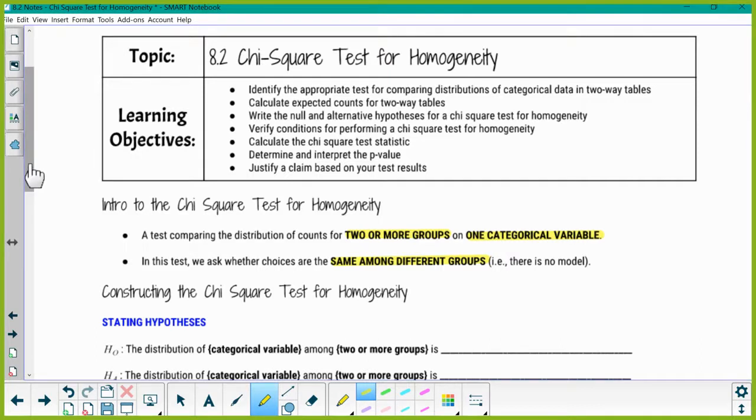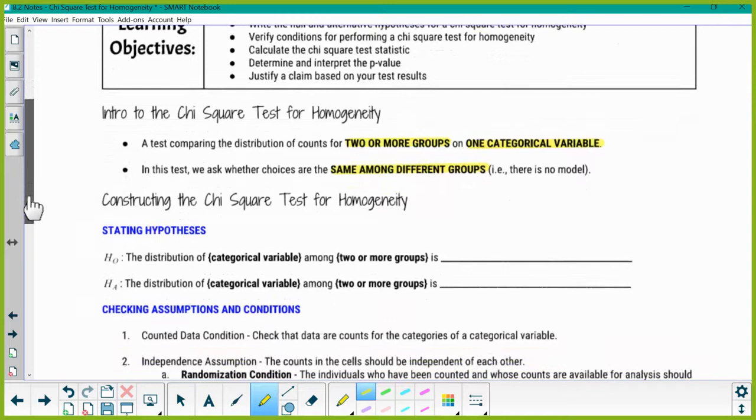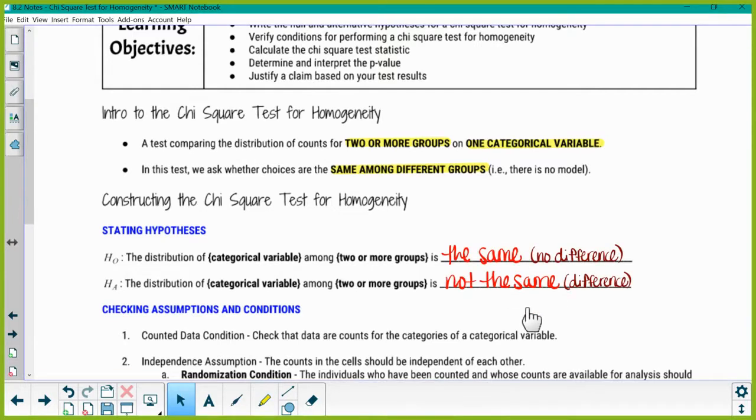So when we're writing our hypotheses, we're going to be talking about the distribution of a categorical variable among our two groups being either the same or not the same. The null is always that there is no difference, that they are equal to each other. More commonly than not, you will see it written as it is the same or it is not the same, but sometimes they like to throw in there is no difference just to confuse you.